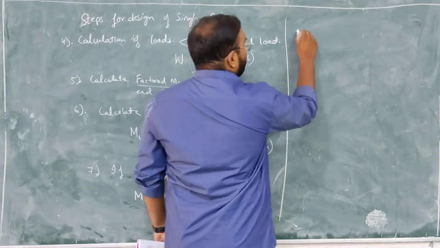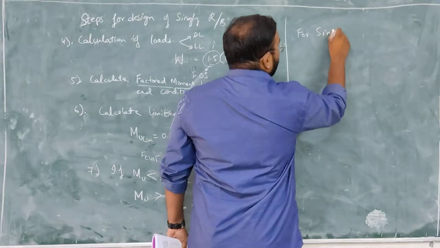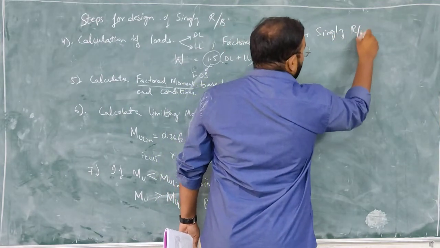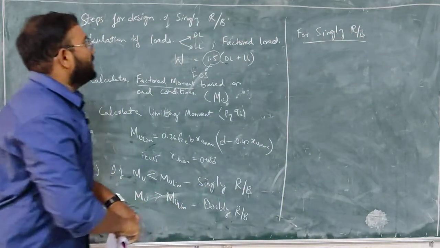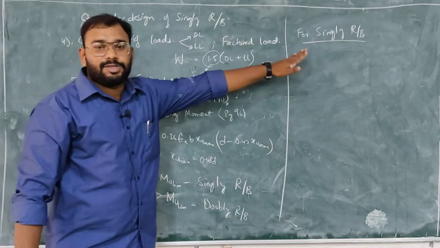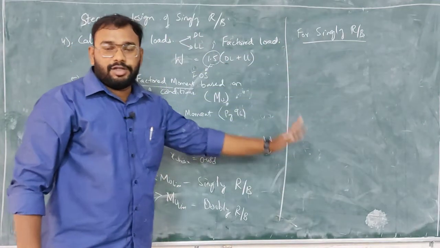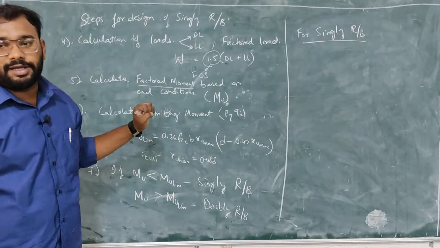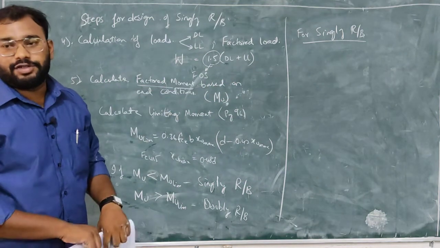Next is for singly reinforced beam. We are discussing only design steps for singly reinforced beam. We'll solve some problems on singly reinforced beam, then we'll go for doubly reinforced design.